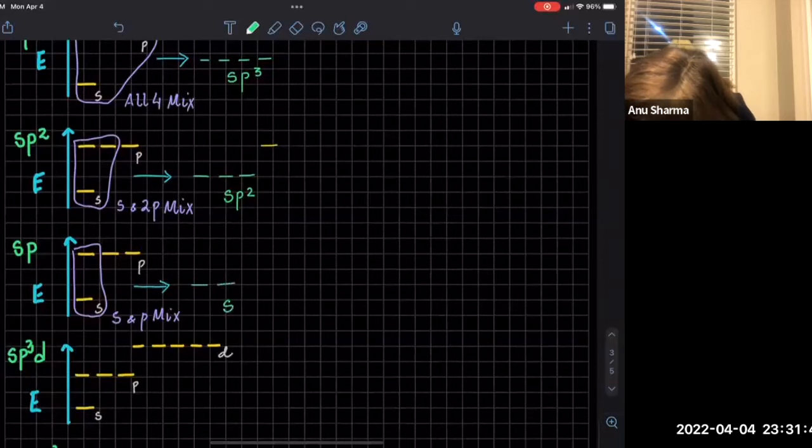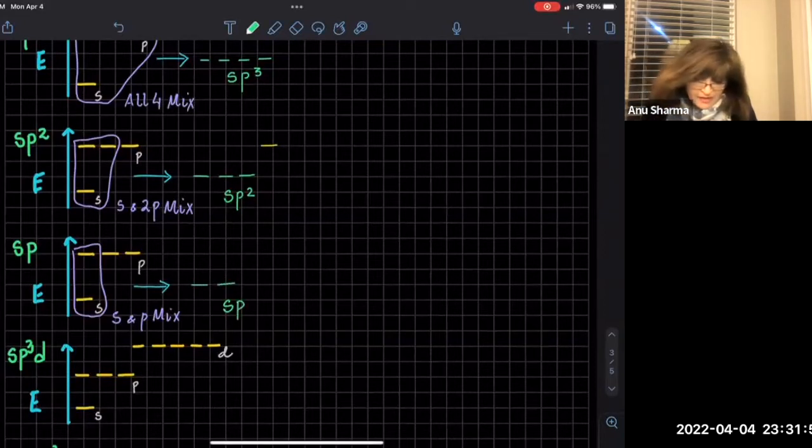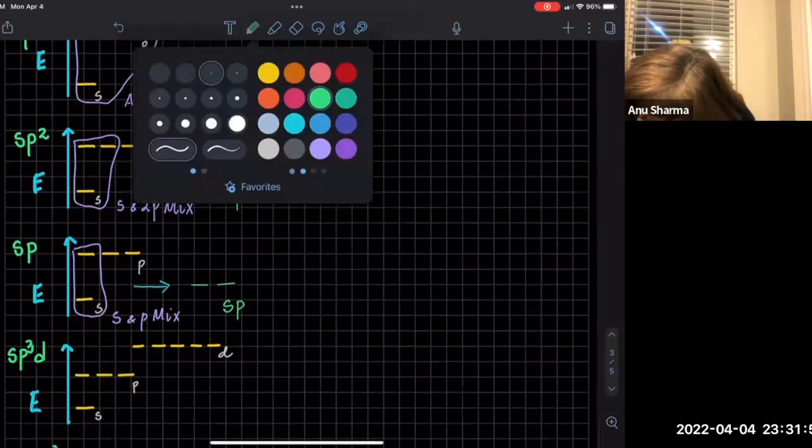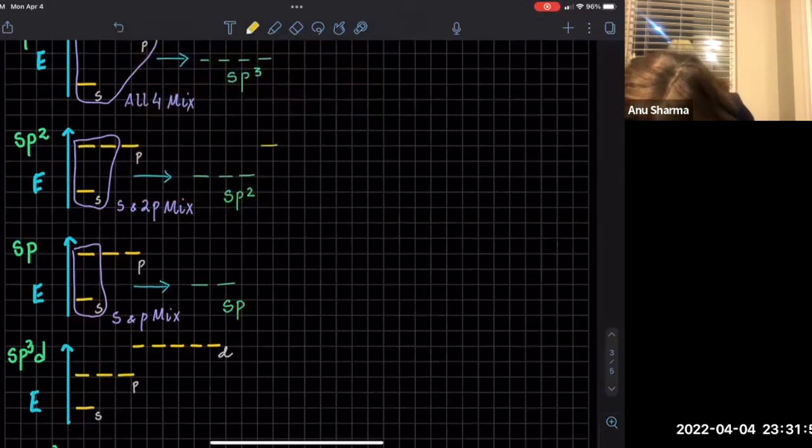So these are the two hybridized sp orbitals. And then your pure P's are 2. So 2 of the pure P's are still on the top. This one is a P and this one is another P.